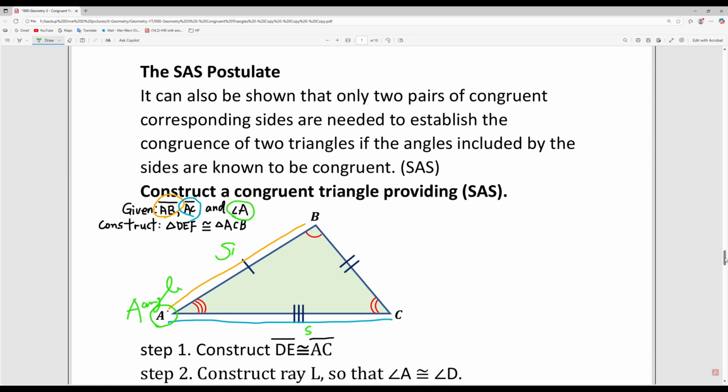Side. So side, angle, side. We call this SAS postulate.